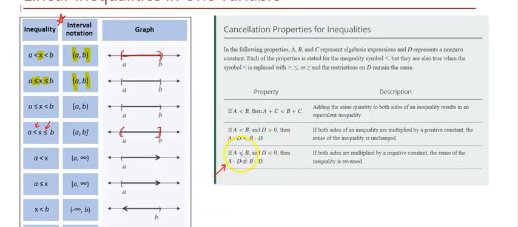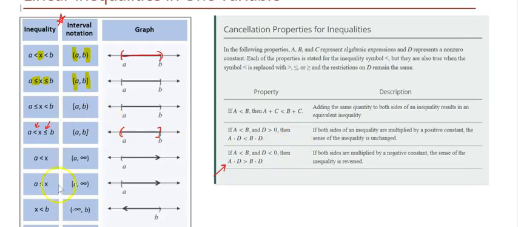It says if A is less than B, and D is less than 0, that means D is negative. When you multiply D to both sides, you end up flipping the inequality. You'll see that through some examples that we're going to work.